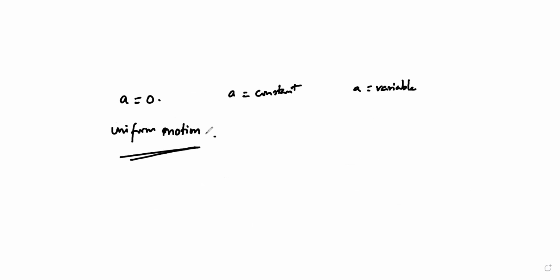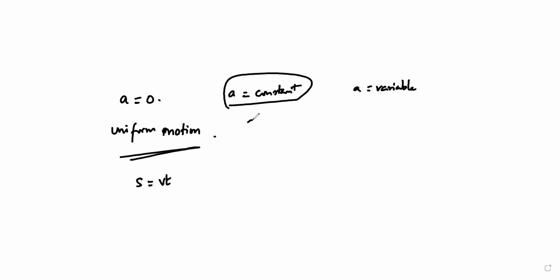Next, let us say a is equal to 0, or a is equal to constant, or a is a variable. If they tell acceleration is 0, it is uniform motion, sir. v is constant, s is equal to vt.